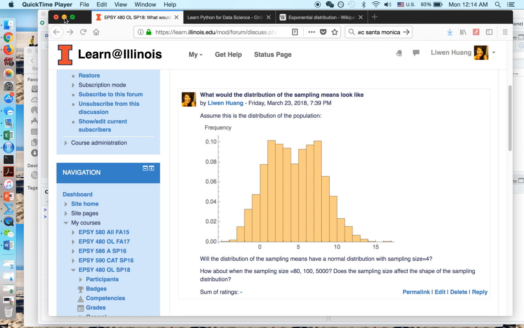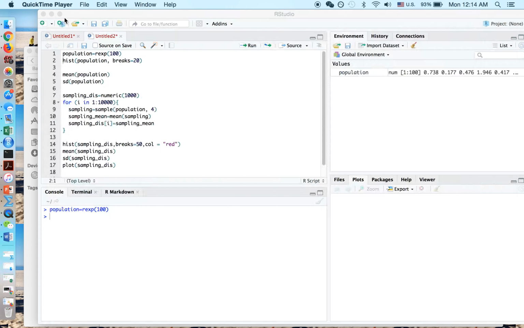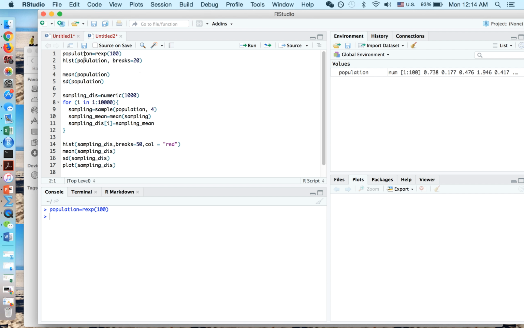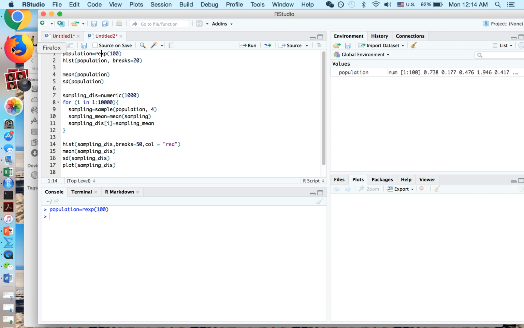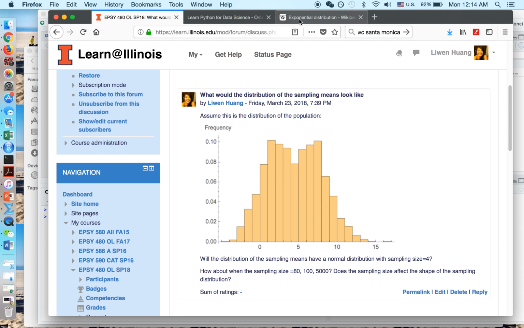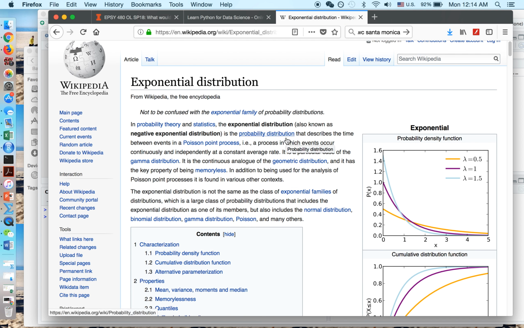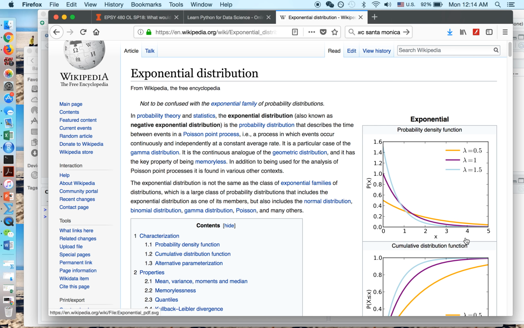In order to tap into the intuition, I have prepared a simple simulation for us to see. We're going to first formulate a population distribution that's really not normal looking. We're going to go with the exponential distribution, because I know it's one of those distributions that's not normal looking. It looks like this.